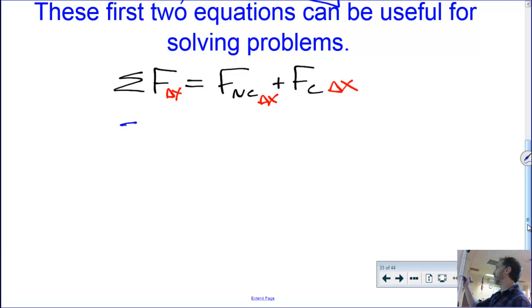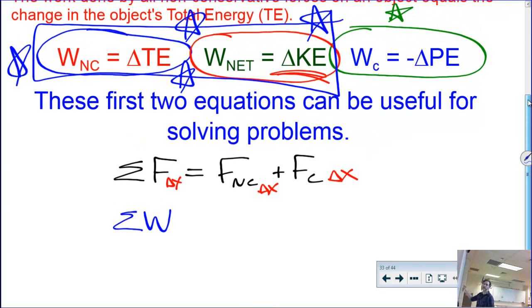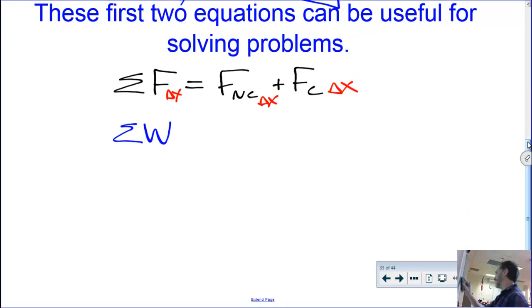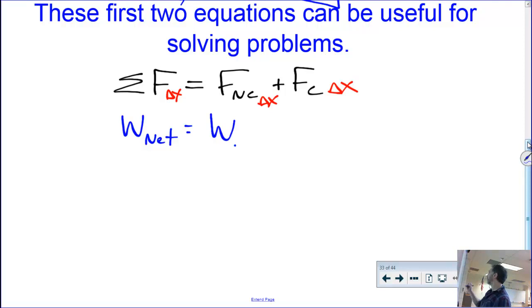So our net work then, how did I write net work up there? Did I write it with the sigma? Oh, I wrote it as, yeah. All right, so we'll write it this way. So our net work is equal to the work done by non-conservative forces plus the work done by conservative forces, okay? Well, think about what net force does, right?